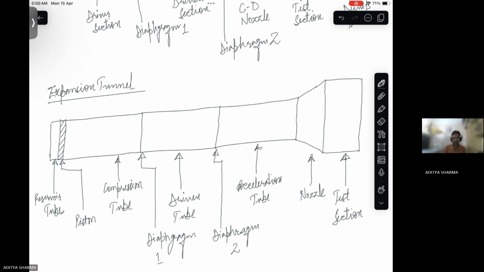So the setup goes like this. At first we have a reservoir tube, right? After that, we have a piston, right, to compress the gas in the compression tube.